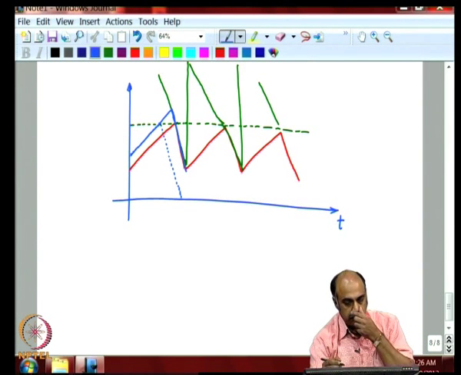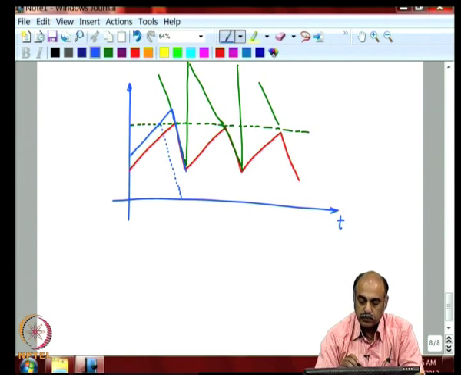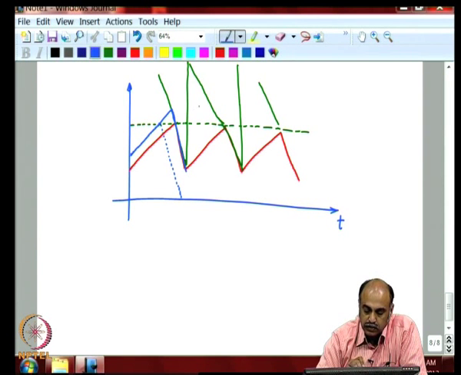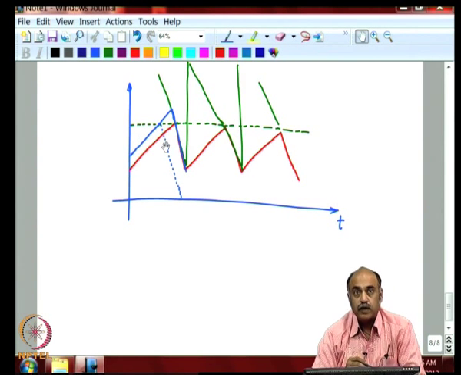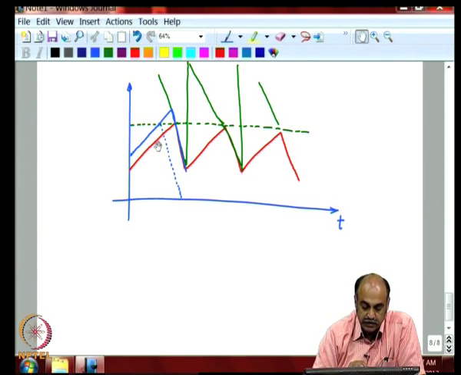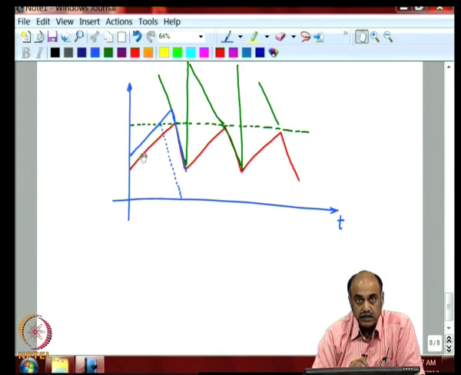So, this is basically what we will be trying to do. We will be compensating for the negative slope of the inductor current and applying it to the reference such that the perturbation is eliminated, is rejected in just one cycle.